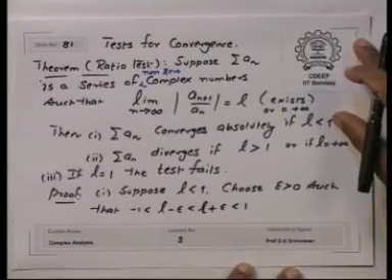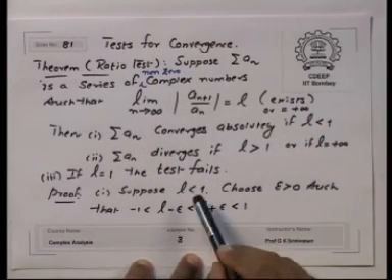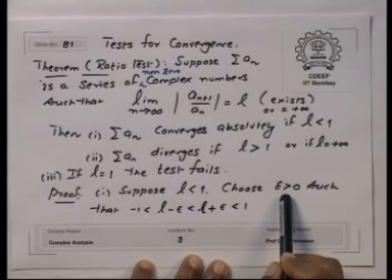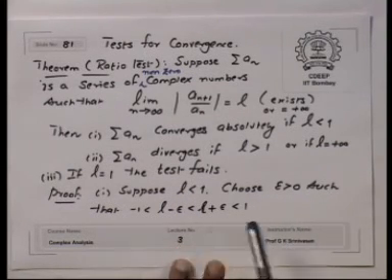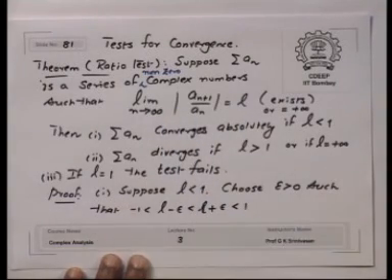Let us get to the proof of the ratio test. So, let us take case 1, that is L is less than 1. Let epsilon greater than 0 be such that L plus epsilon is still less than 1. You have 1 and you have L, add a little something to L, so that it is still less than 1, correct, I can always do that. Then for this epsilon, and this limit exists, there will be a corresponding n naught.